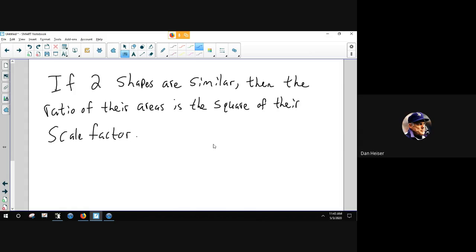If two shapes are similar, and by shapes we are implying two-dimensional for now, then the ratio of their areas is the square of their scale factor, which could also be written square of their perimeter ratio. Either one works. Whatever ratio that is, you square it, and you have the ratio of their areas.